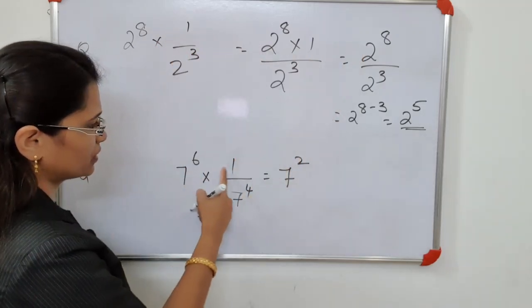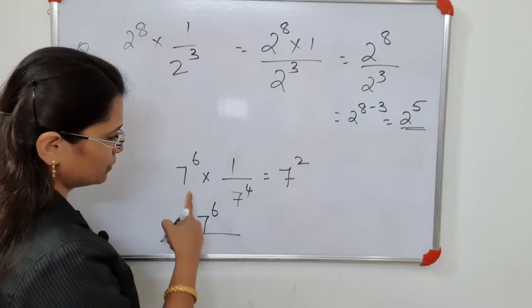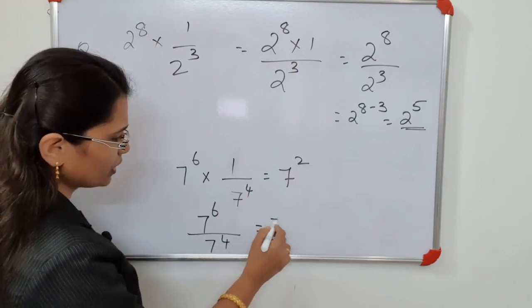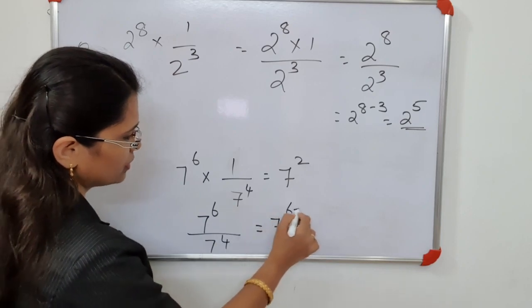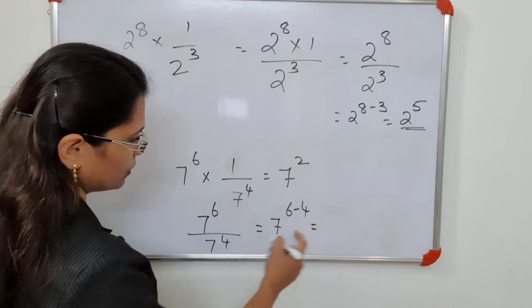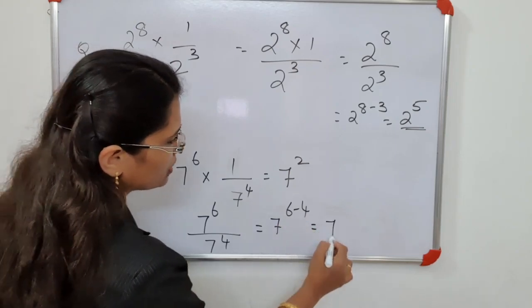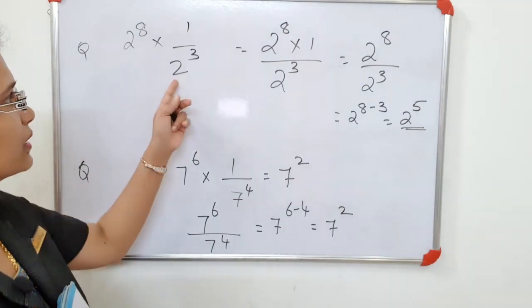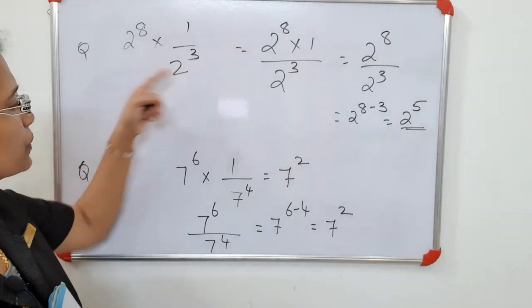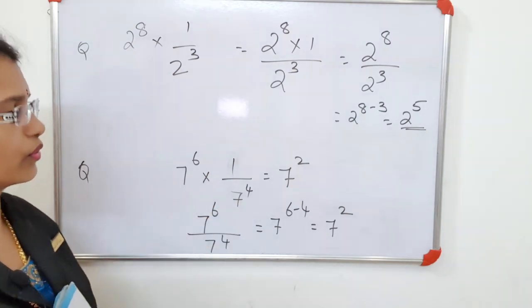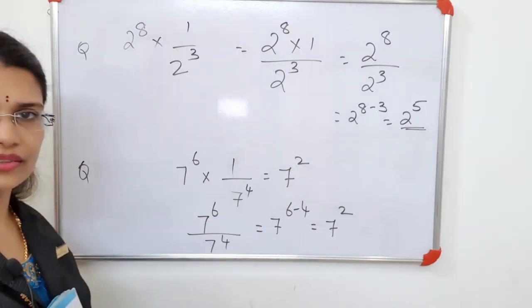So 7 raised to 6 into 1 by 7 raised to 4 is equal to 7 raised to 6 by 7 raised to 4, which is 7 raised to 6 minus 4, x raised to m minus n, equal to 7 raised to 2. See, 7 raised to 2. Same like this, 2 raised to 8 into 1 by 2 cube. 7 raised to 6 into 1 by 7 raised to 4 is equal to 7 square.